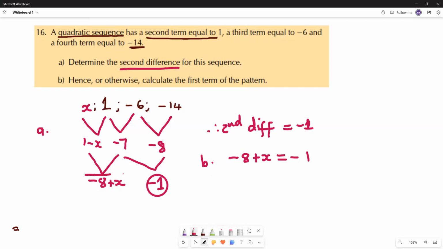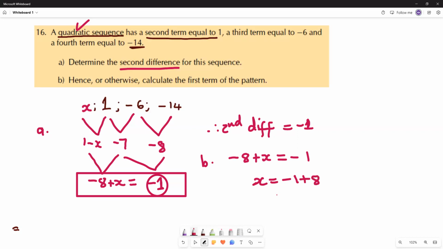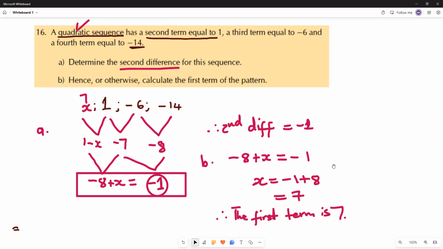Then x is basically -1 plus 8, which is 7. Therefore, the first term is 7. And then we're done with that question.